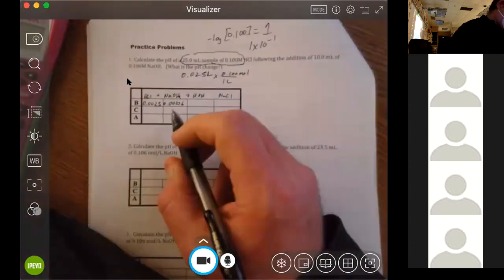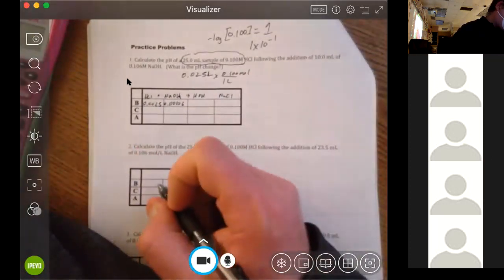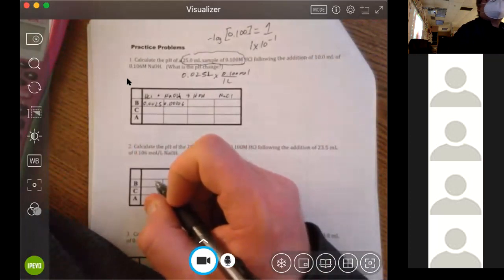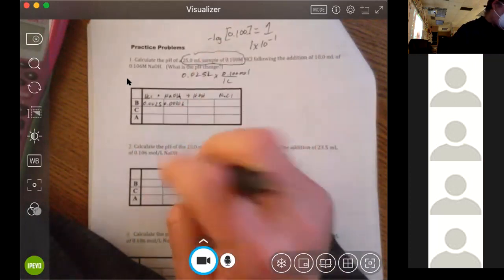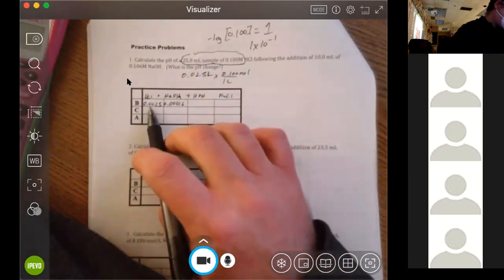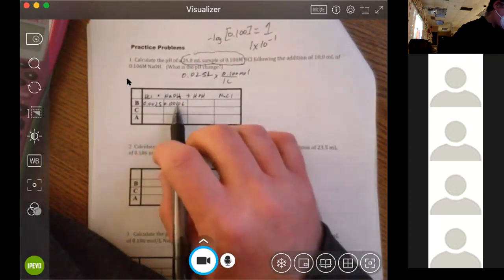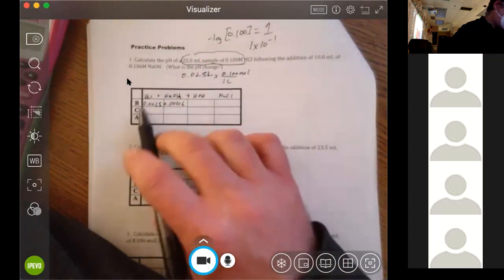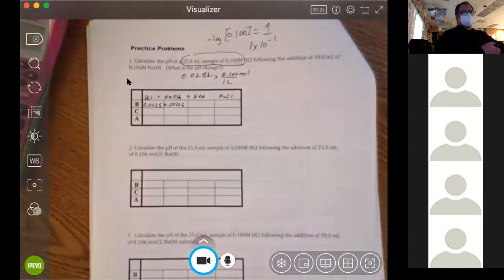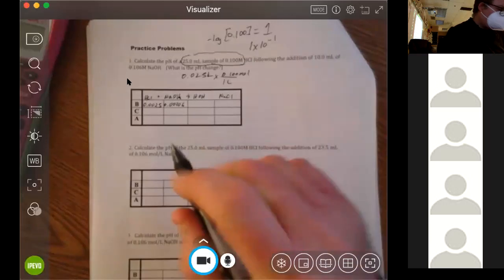So which of these do we have the least amount of? Which one's less? 0.0025 or 0.00106? They're not negative numbers. So which one is closer to 0? 0.00106. There we go. A lot of teachers are absent right now.